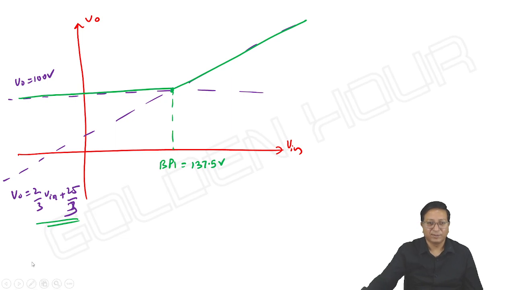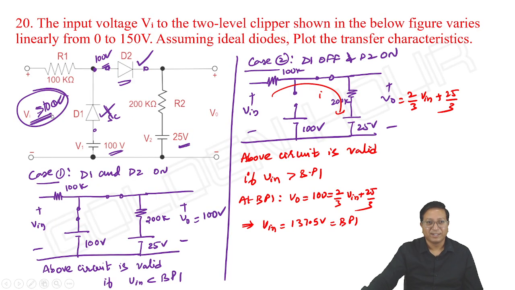This is the idea. Now students can cross check above 100 volts, maybe 102. Is it right, true that D1 is becoming off? Absolutely. Okay, I said this is the circuit possible for input greater than 137.5.